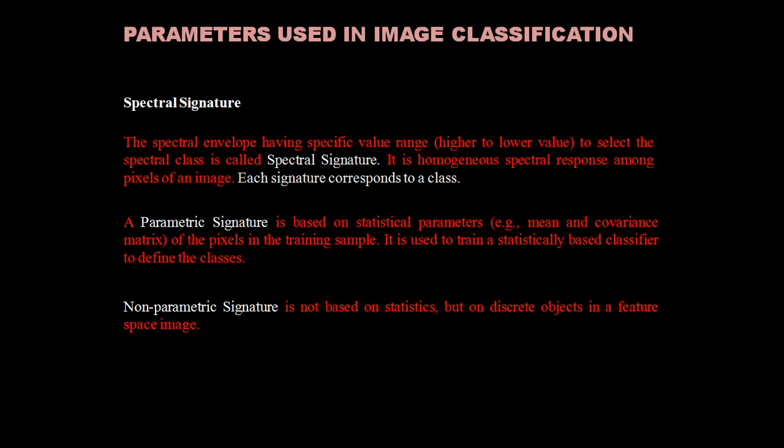So this spectral signature can be of two types, parametric and non-parametric. A parametric signature is based on statistical parameters of pixels within a training sample, and a non-parametric signature is based on the discrete objects in a feature space.